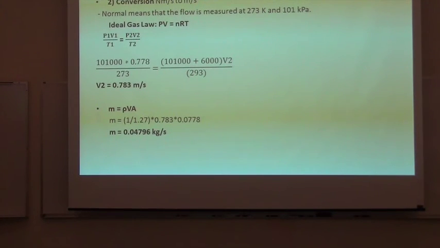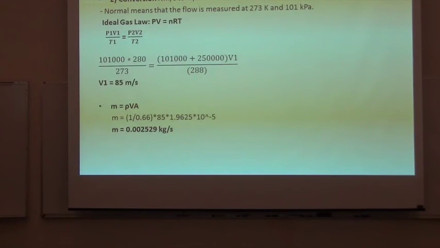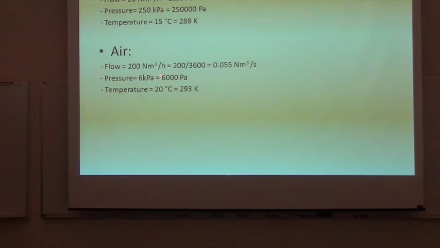Then we did the same for air. As you can see, the normal velocity and actual velocity are pretty much the same because the pressure for air was only 6 kilopascal, which is a very small number.